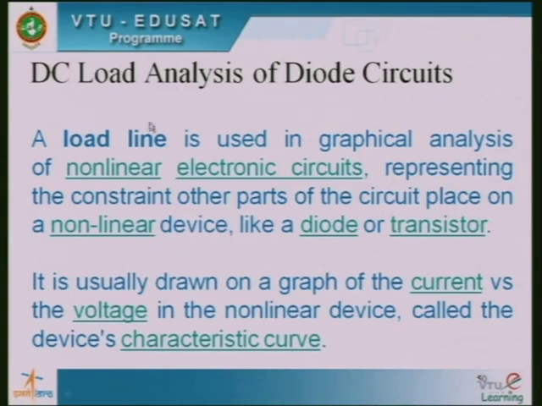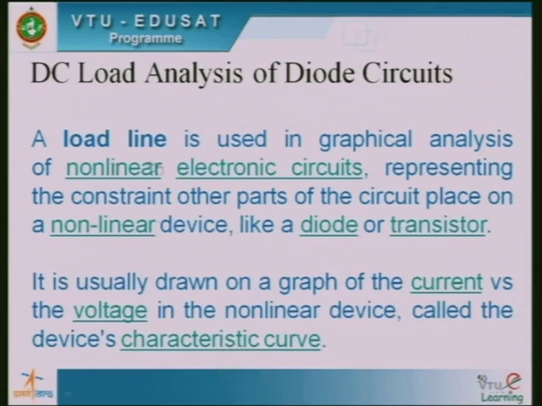This graphical analysis is also called DC load analysis. It is used mainly to represent the constraint that other parts of the circuit place on the nonlinear device, like a diode or a transistor, and it is usually drawn on the graph of current versus voltage of the nonlinear device, called the device characteristics.